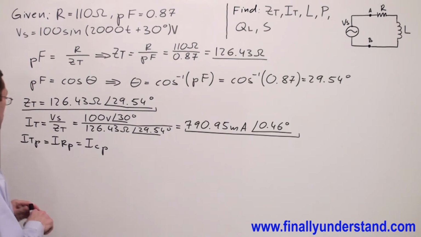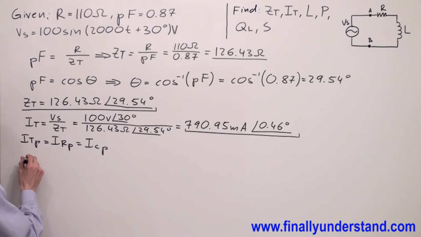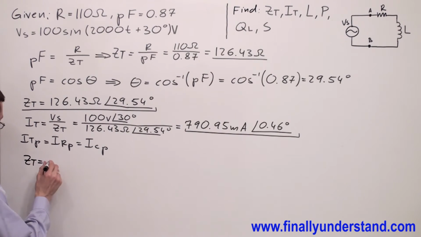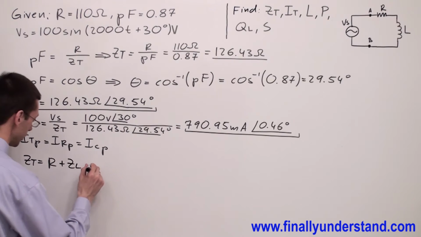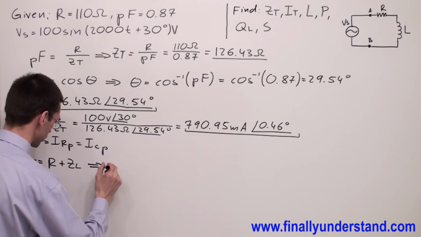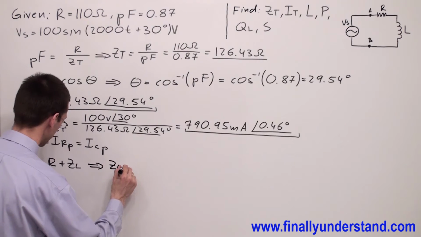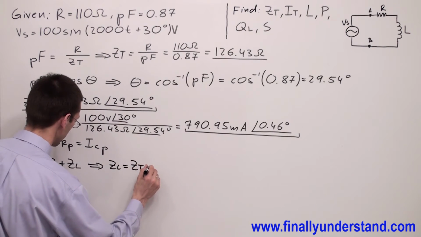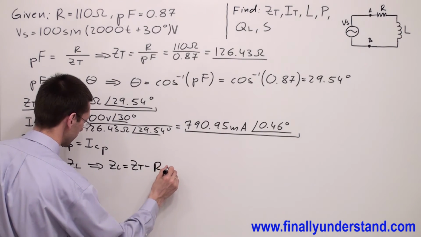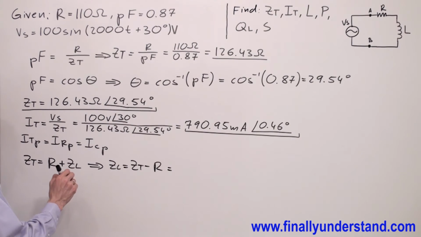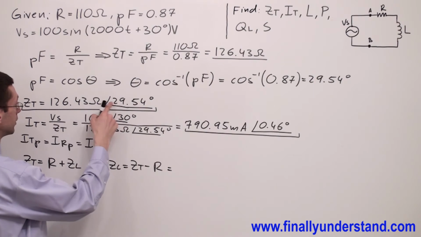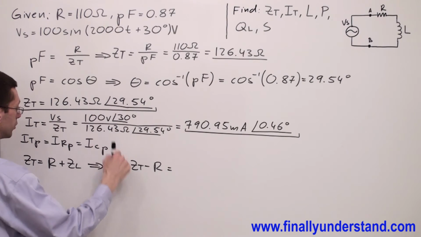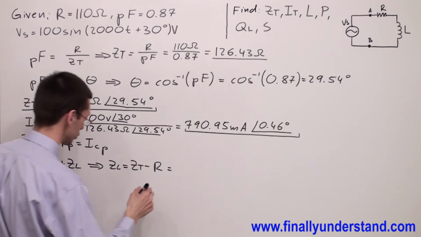Next, we're supposed to find the impedance of the inductor. Please notice that this is a series circuit. So total impedance is equal resistance plus ZL. In order to find ZL, I'm supposed to use algebra, so I have ZL equals Z total minus R. I can do this calculation because Z total has angle. Okay, if you have angle, you can perform this subtraction.